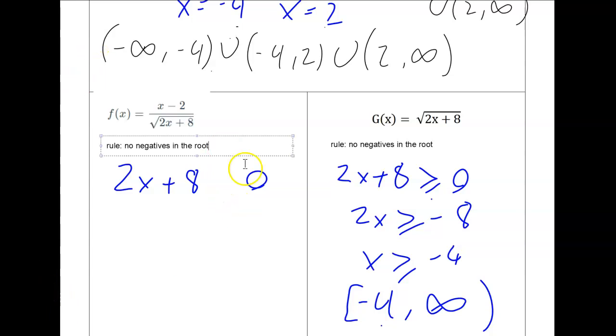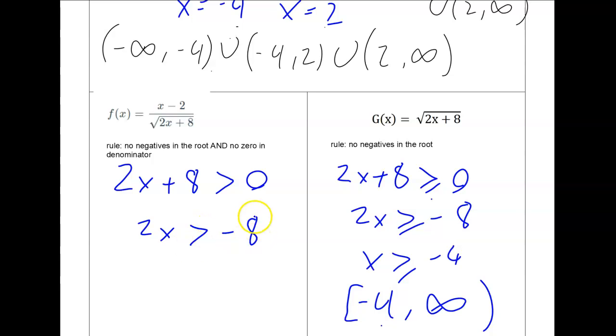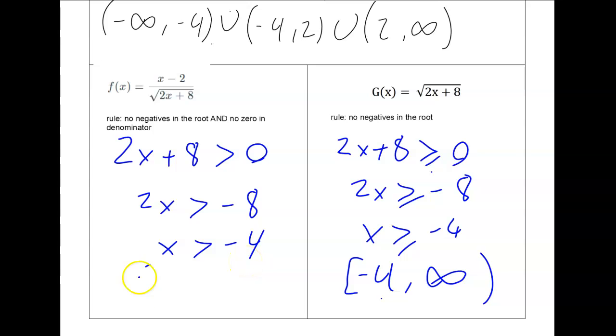My rule still applies, but also my rule from my first function applies as well: no 0 in the denominator. So instead of saying greater than or equal to 0, I say strictly greater than. And then, of course, my algebraic work is essentially the same. But my domain now, notice, gets a parenthesis instead of a bracket.